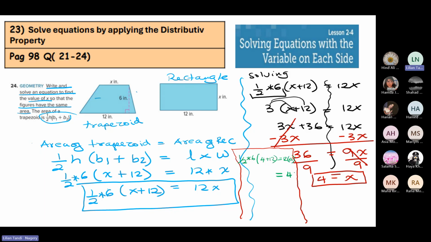This is 48. This is 3 times what? 16. And that should be 48 equals 48. So, correct. This is my check. Okay. So we stop here. Tomorrow we will do the rest.